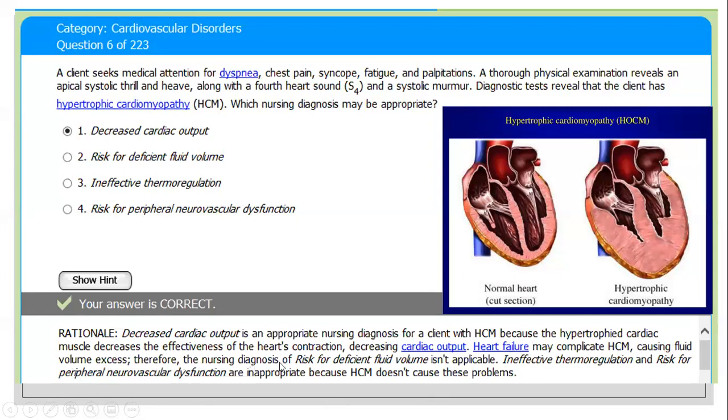Therefore, the nursing diagnosis of risk for fluid volume excess is not applicable. Ineffective thermoregulation and risk for peripheral vascular dysfunction are not appropriate, because hypertrophic cardiomyopathy does not cause this type of problem.